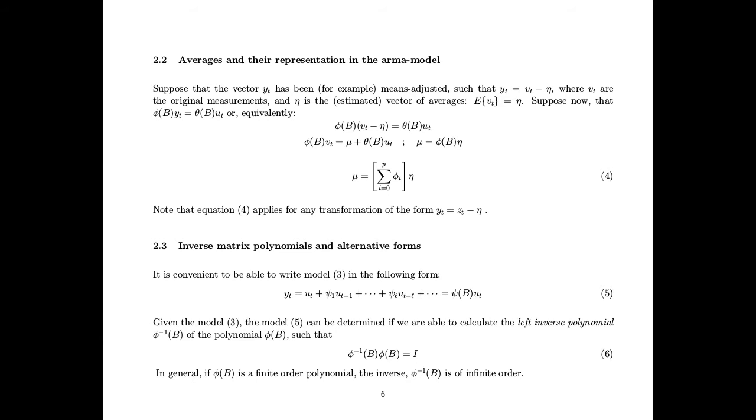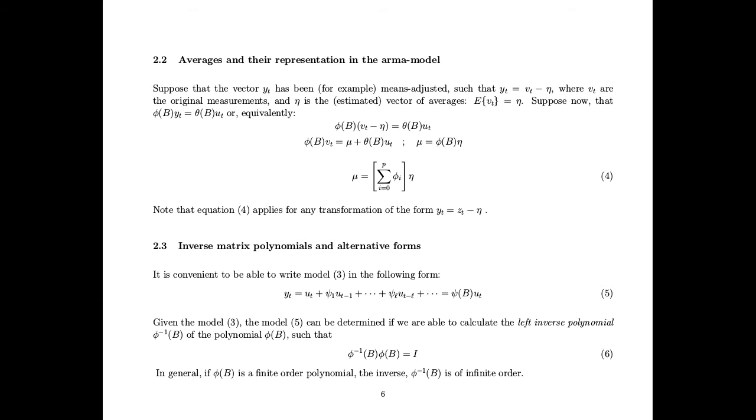So what is probably more important is the ability to invert a matrix polynomial. We have done it for univariate series. When we looked at stability and invertibility, we looked at whether we could invert these polynomials.